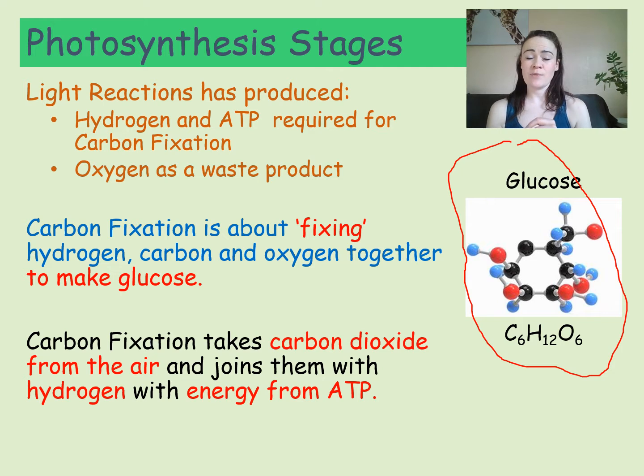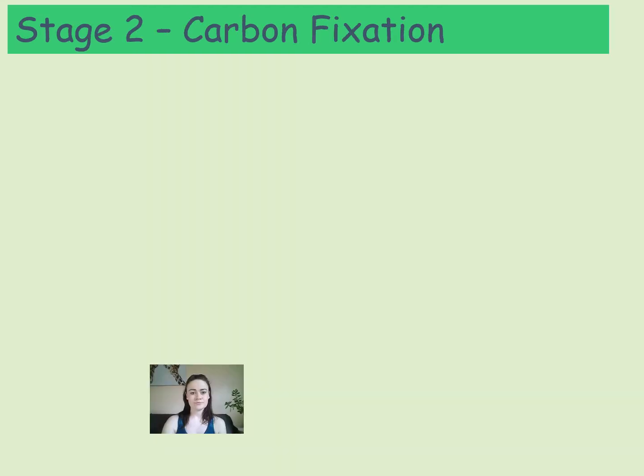That's when the carbon dioxide, the other reactant we haven't talked about yet because it's not used in the light reactions, comes in from the air, and the carbon dioxide joins with the hydrogen using the energy that was made earlier, that ATP, to produce our glucose.